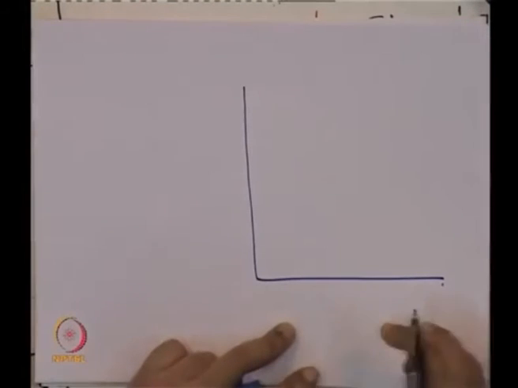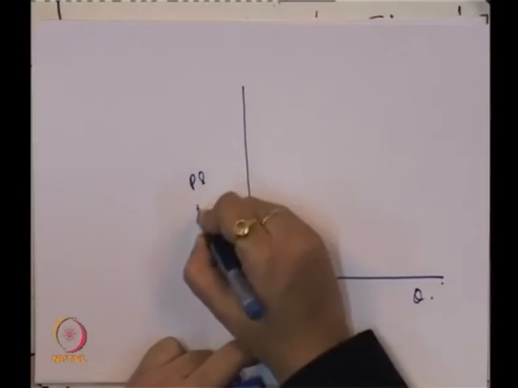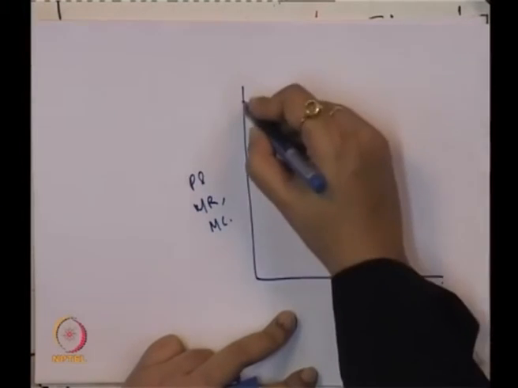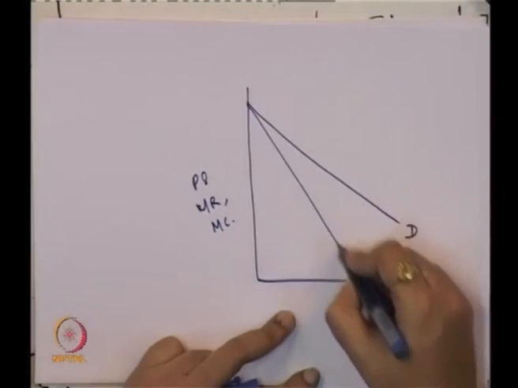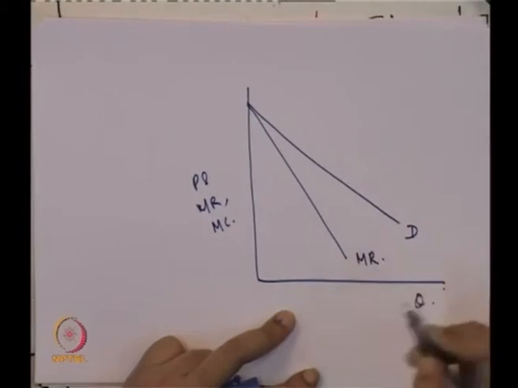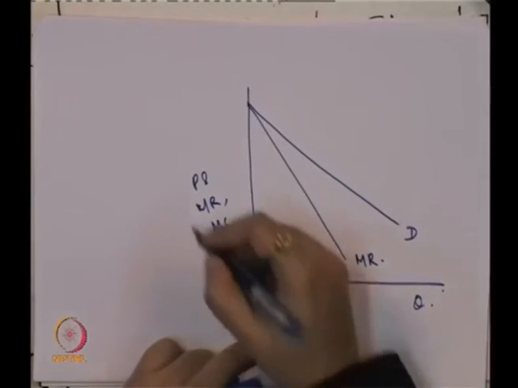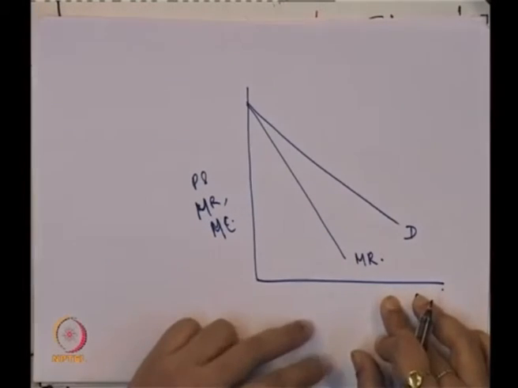Okay. So, here we take the quantity, here we will take the price, marginal revenue and marginal cost. This is our demand curve, this is the marginal revenue curve. Here we need to assume that the marginal cost curve is having an upward slope.